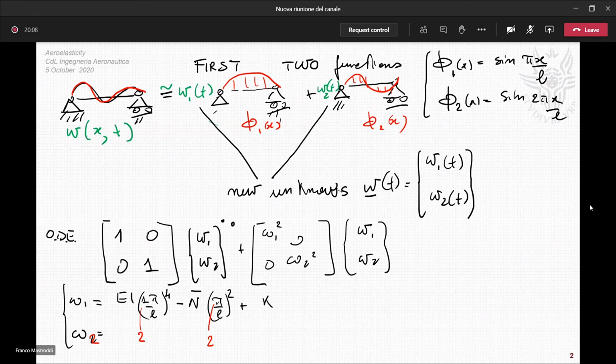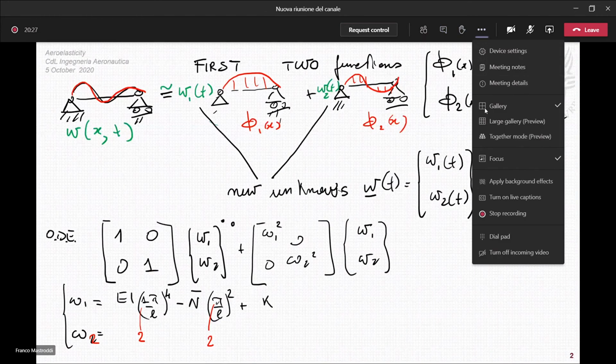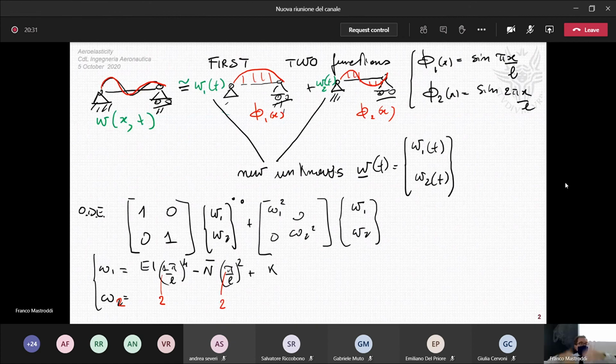So look at the red curve up to this line. This means that you have 2 oscillators for the beam, one like this and one like this, independent. If you don't have aerodynamics, if you don't have damping, if you charge this pendulum or this oscillator, it is able to conserve the energy.